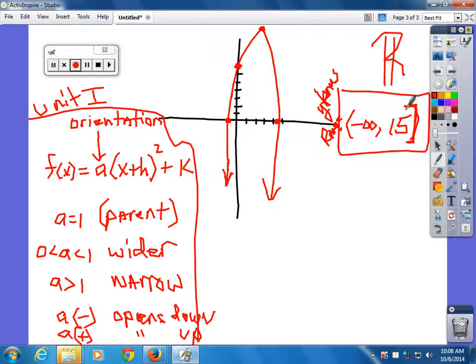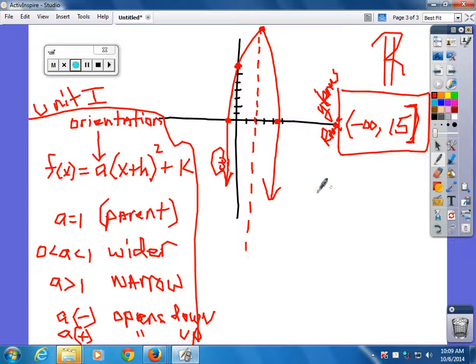All right? Increasing. There's your car, or your plane, whatever you want to use. So it's increasing from negative infinity to what? 2. What's the line of symmetry? 2. Okay. So here to here is 2.